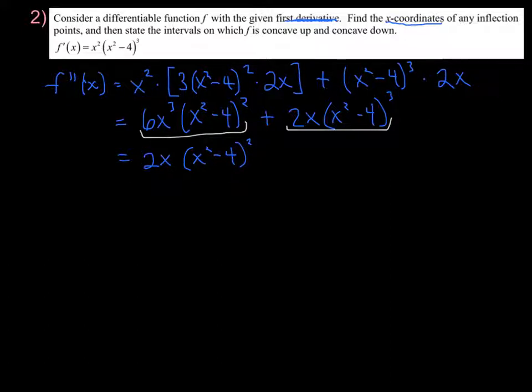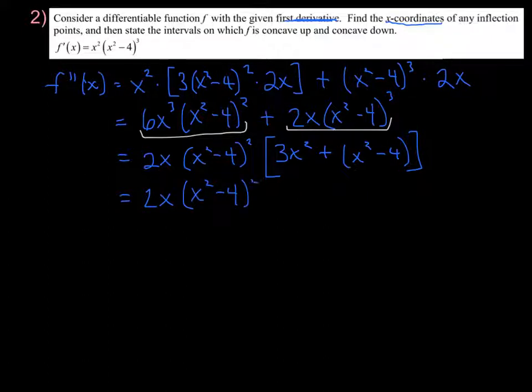All right, and then what's left over when I divide that out from both of them, on the left-hand side I would be left with 3x squared. And then on the right-hand side, I would just be left with an x squared minus 4. Okay, so cleaning that up one last step. In here, 3x squared plus x squared would be 4x squared minus 4. Okay, so there is my second derivative.